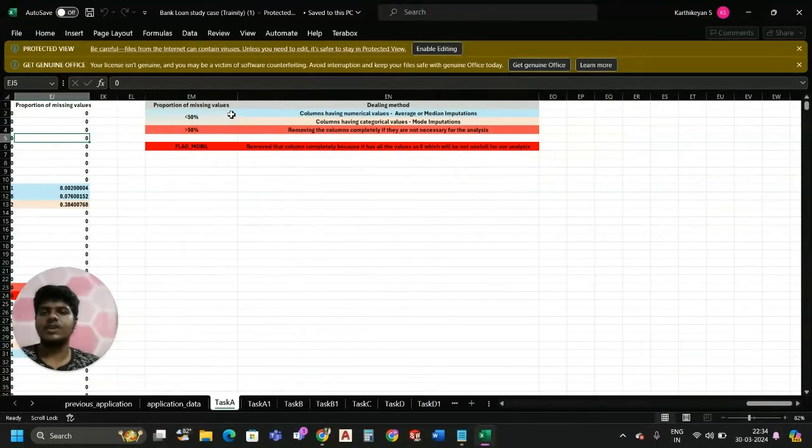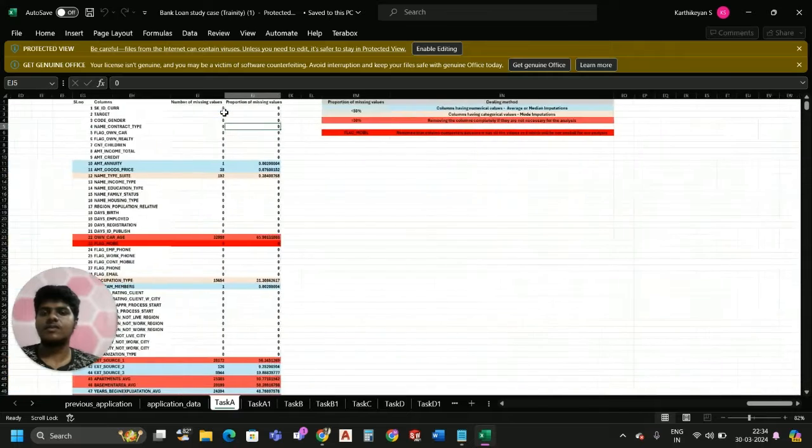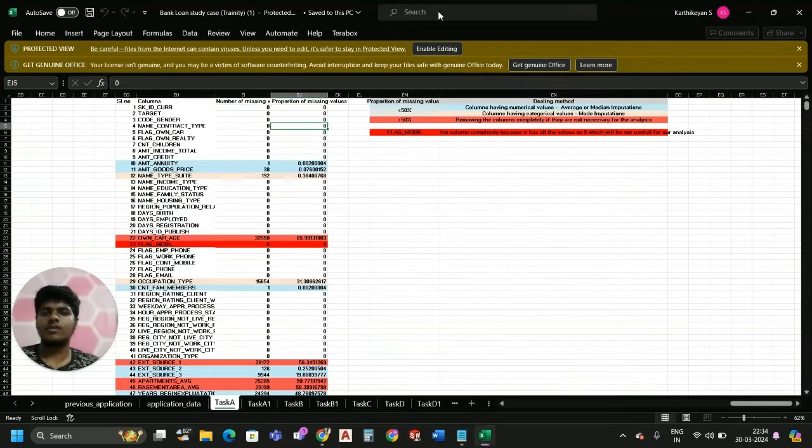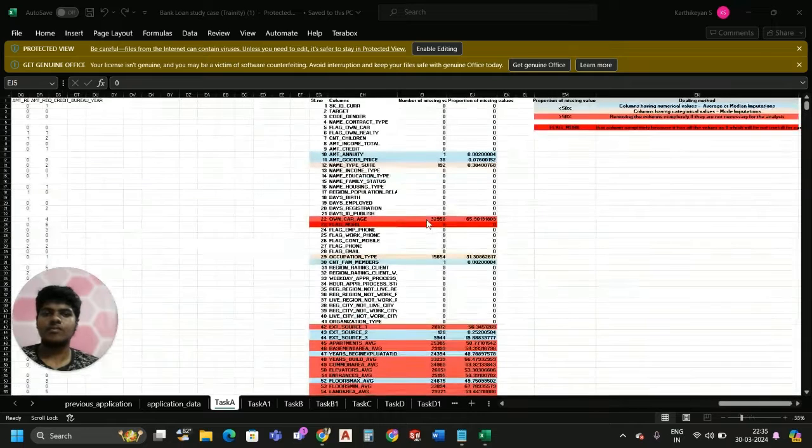By seeing this, if the proportion of missing values is less than 50%, then for the columns containing numerical values, we have performed average and median imputations.